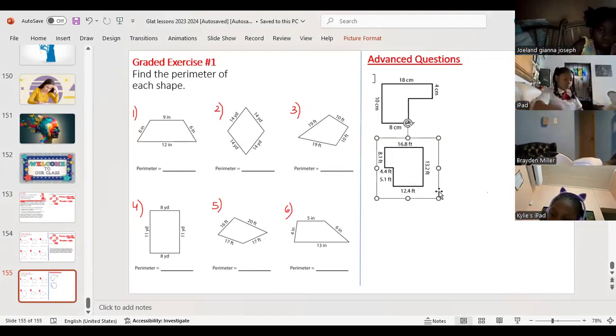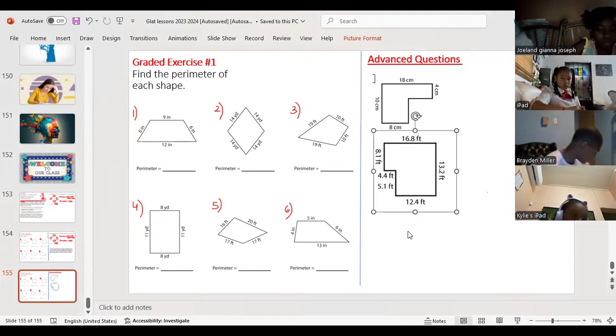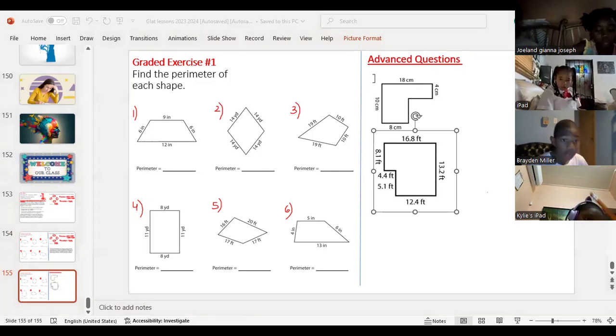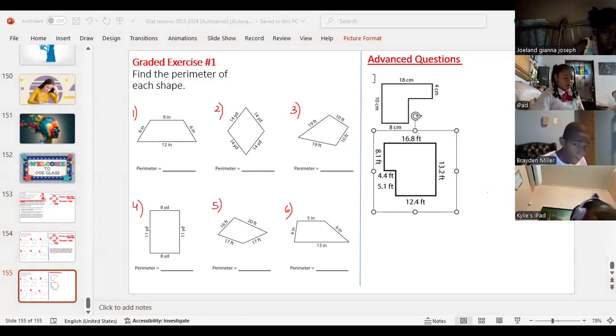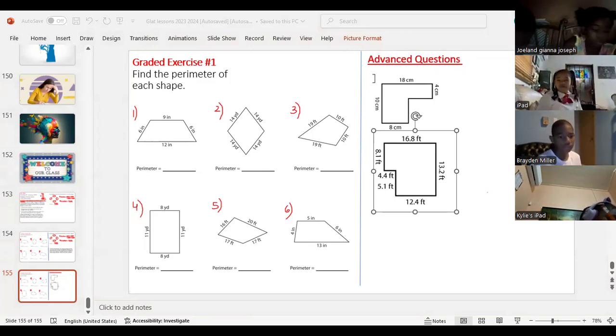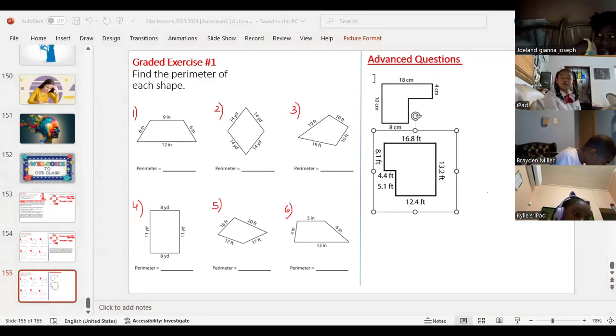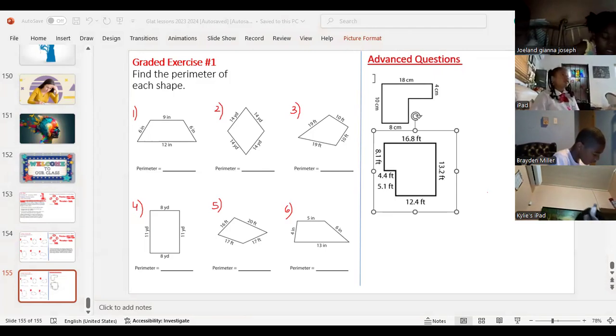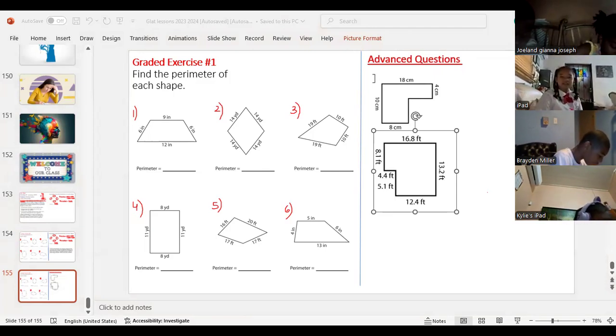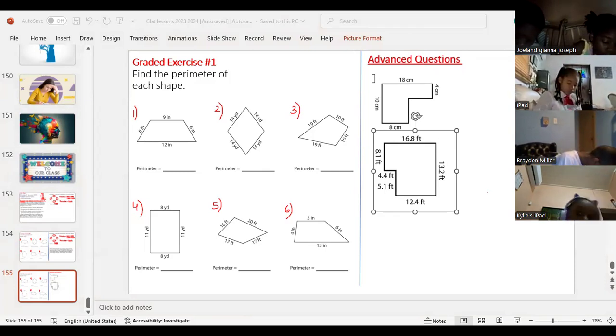This one is number 2. And then the last one is going to be this one.